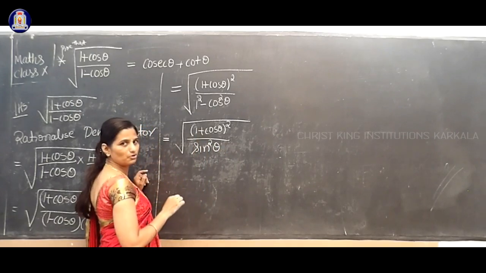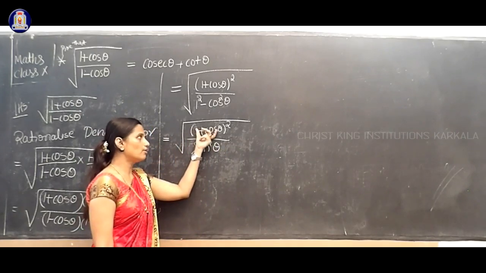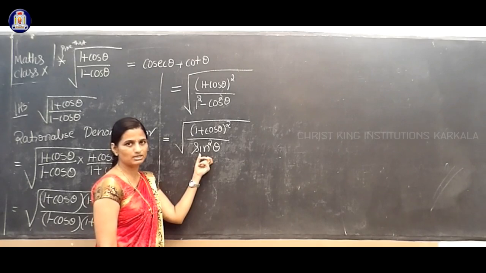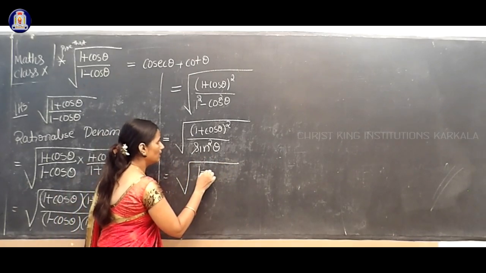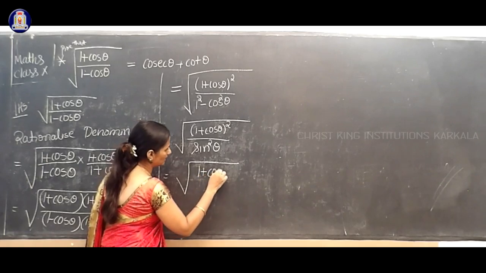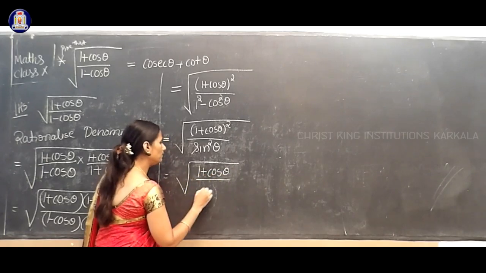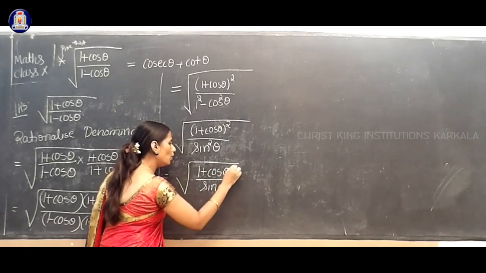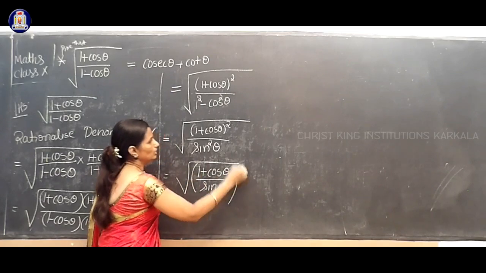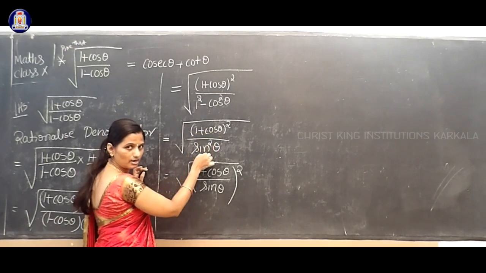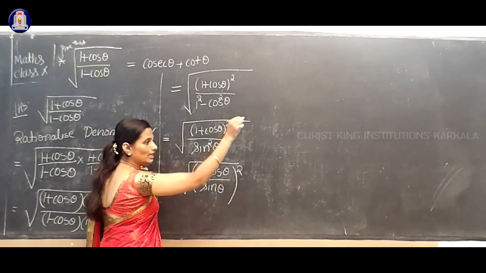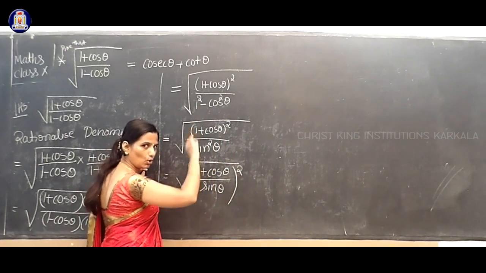After this, which method will be used? It is in the form of a square divided by b square, which is equal to a divided by b whole square.